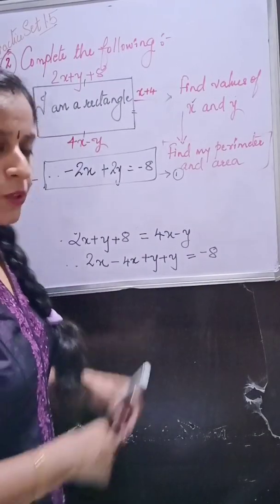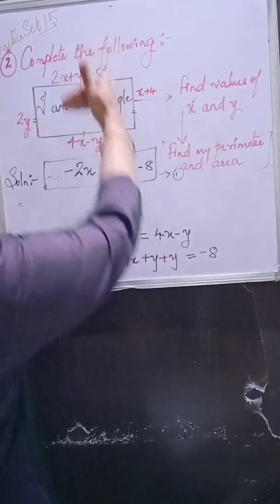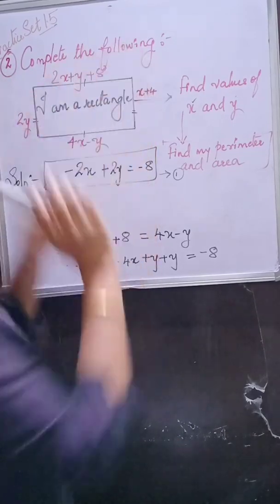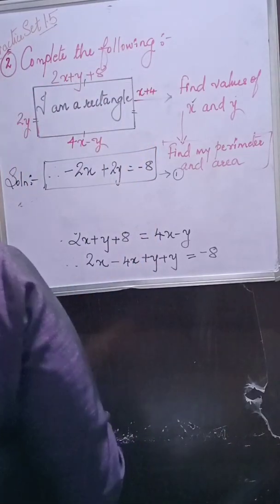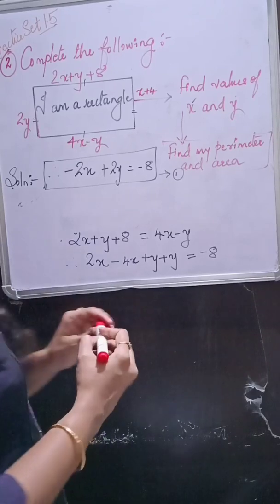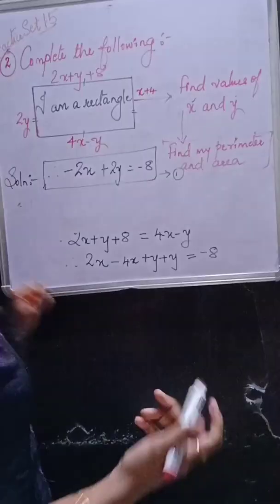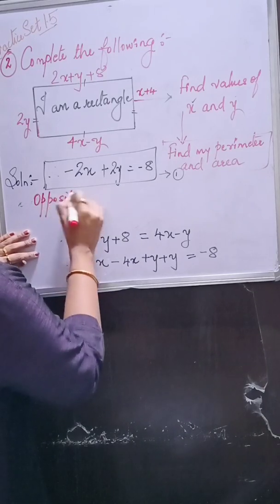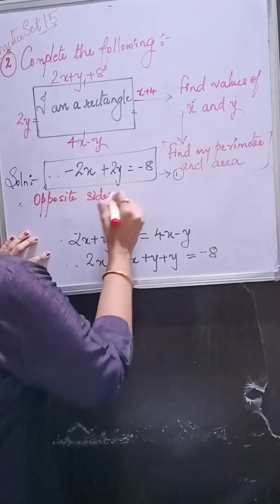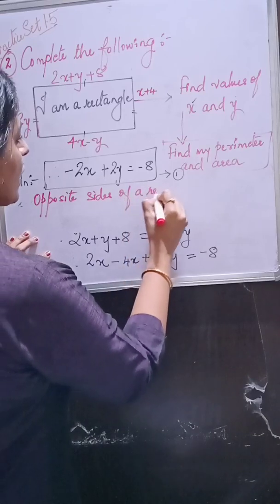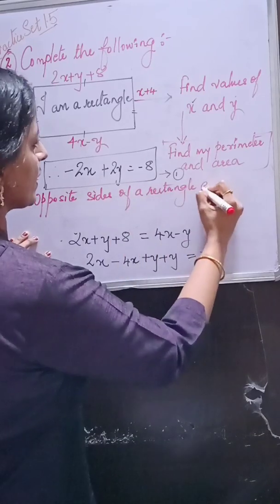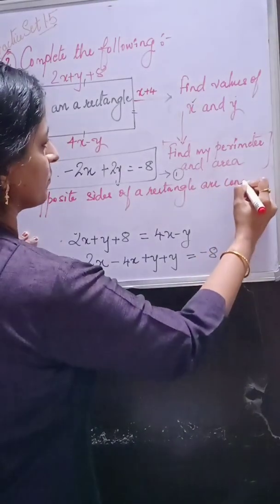Now I'll look into the figure once again. One pair of opposite sides we took. Now let us take the next pair of opposite sides. Once again I'll write the reason, to be on the safer side: opposite sides of a rectangle are congruent.